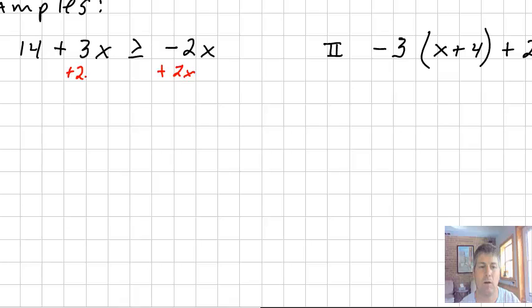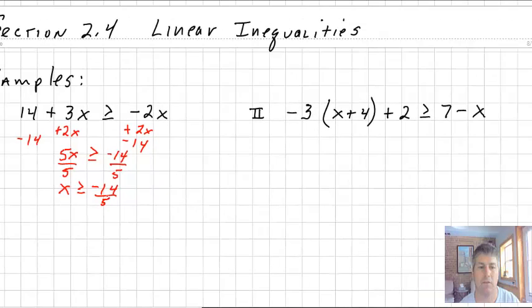If I add 2x to both sides, and I'm going to subtract 14 from both sides, I will get 5x is greater than or equal to negative 14. Divide both sides by 5. x is greater than or equal to negative 14/5. So here is our algebraic solution to that particular problem.